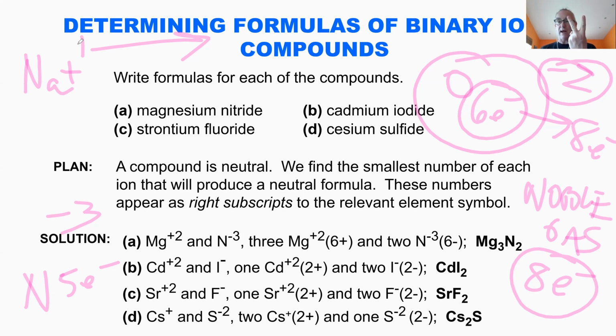Oxygen is 2 away, so it's going to have a -2 charge. Chlorine is 1 away. It's going to have a -1 charge. Nitrogen is 3 away. It's going to have a -3 charge. How far away are you from getting to a noble gas? That tells you what its charge is going to be.